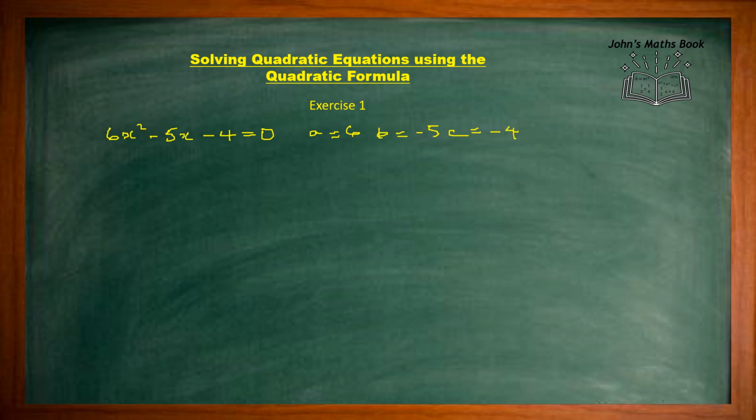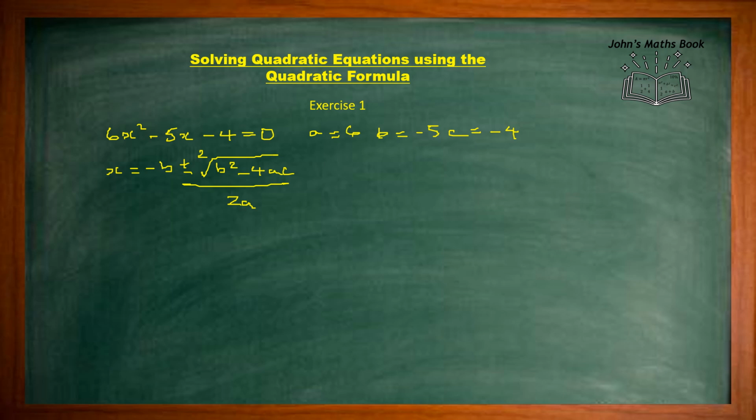So the quadratic formula states that x is equal to minus b plus or minus square root of b squared minus 4ac divided by 2a.